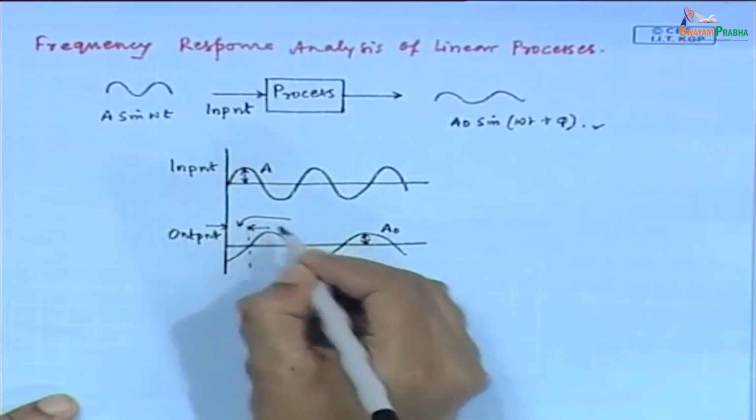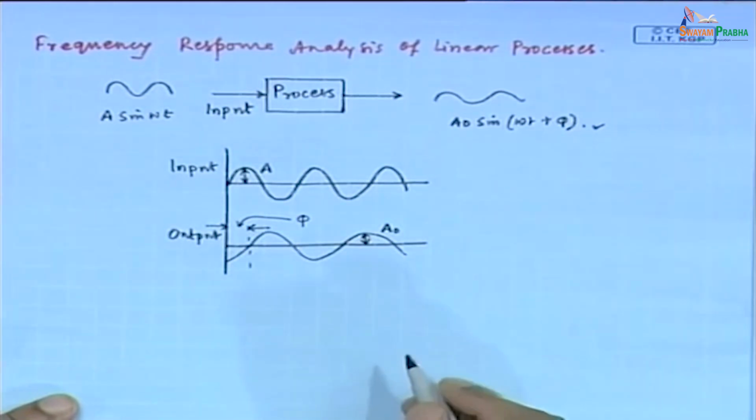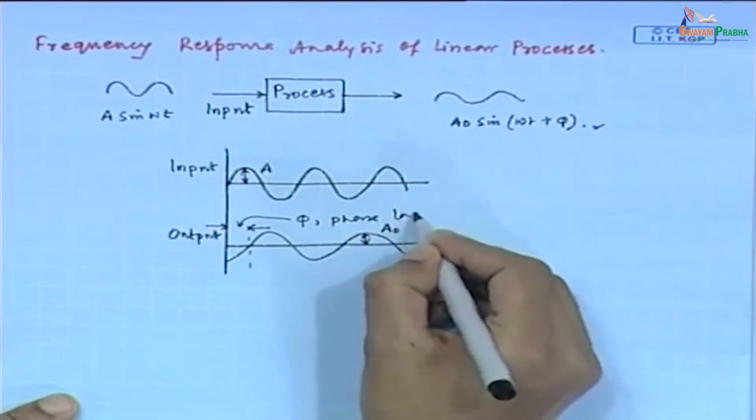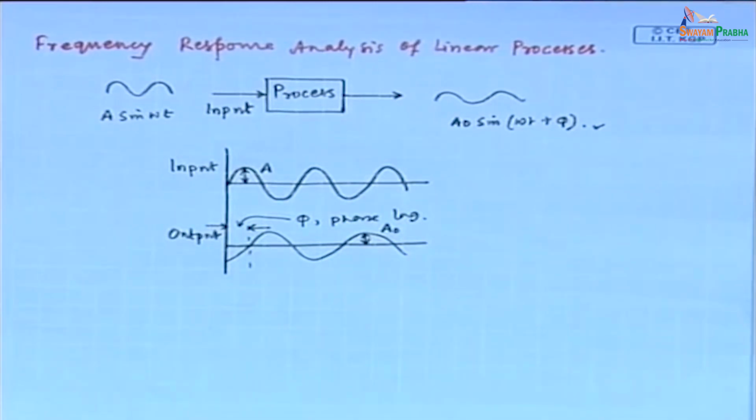This is representing phi, the phase lag. Fine, these are two waves.